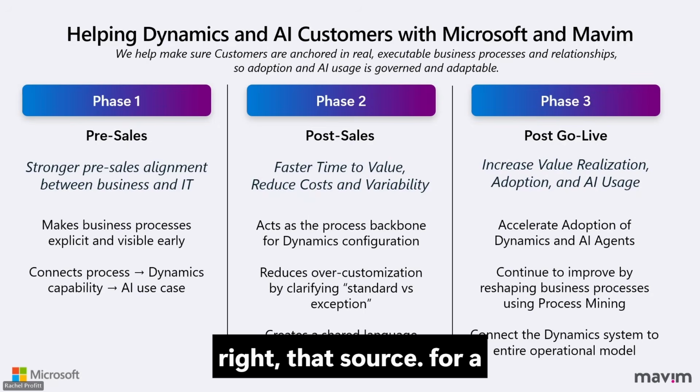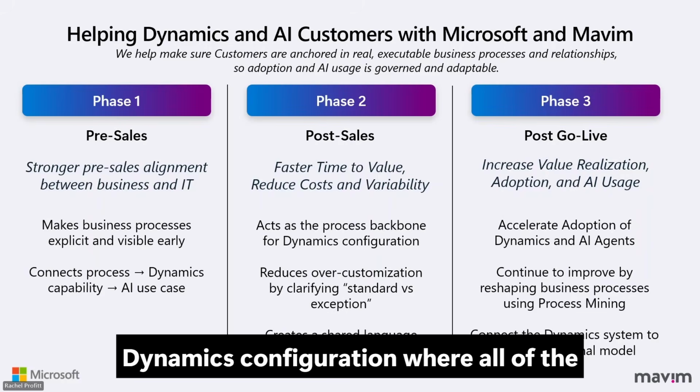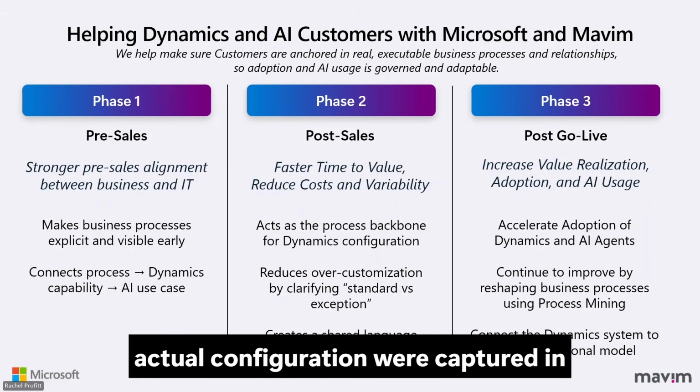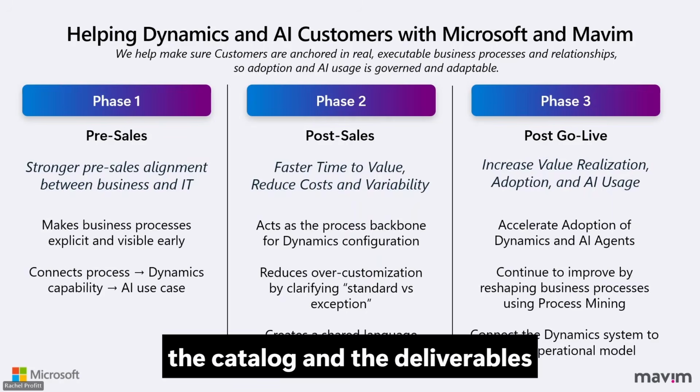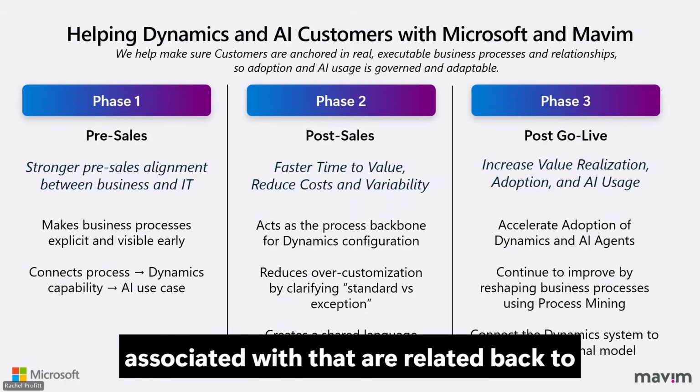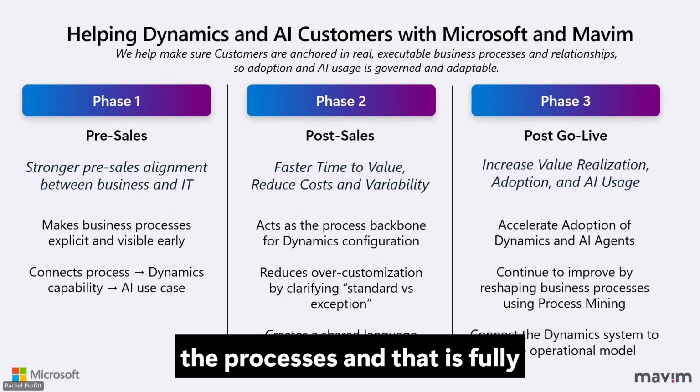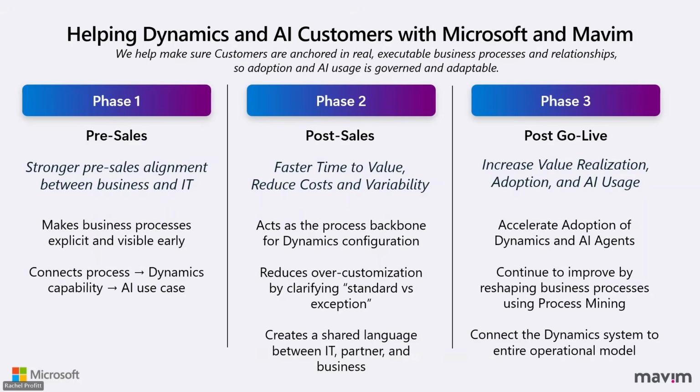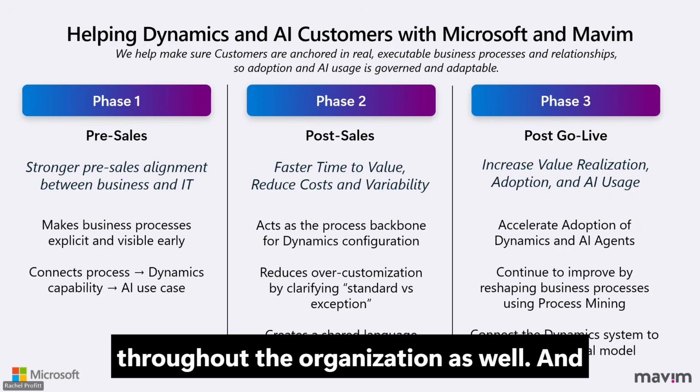That source for a Dynamics configuration where all of the actual configuration work captured in the catalog and the deliverables associated with that are related back to the processes, and that is fully queryable and can be utilized throughout the organization as well.